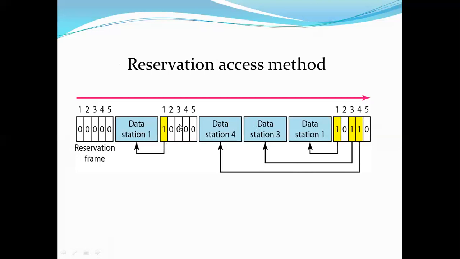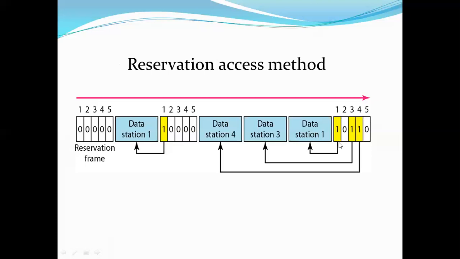During the second interval, there is only one station, station 1, that is reserved. So in the first interval, 3 stations can send their data one after the other. Even though 3 stations are given a reservation, only one station can send data at a time.